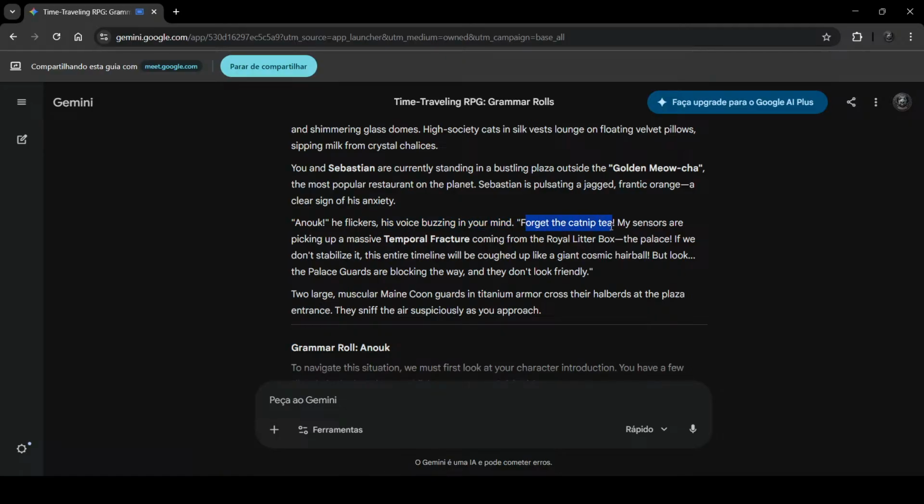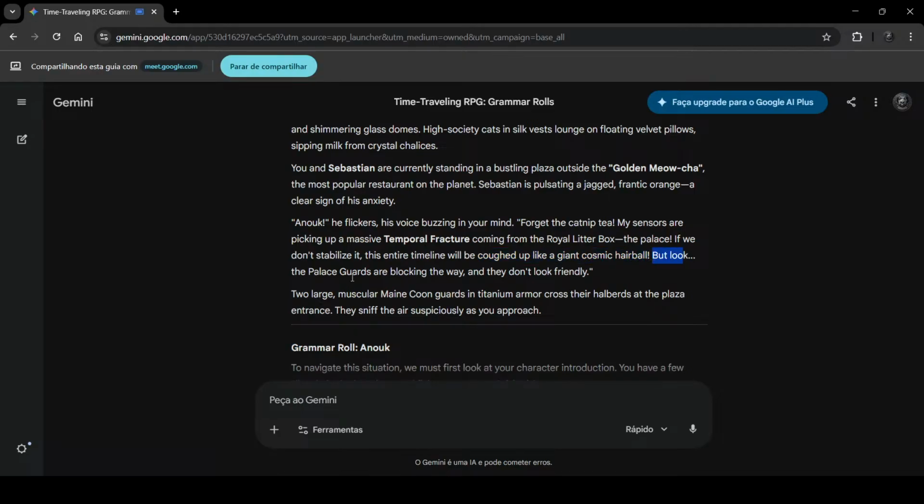Forget the catnip tea. My sensors are picking up a massive temporal fracture coming from the royal litter box. The palace. If we don't stabilize it, this entire timeline will be puffed up like a giant cosmic hairball.